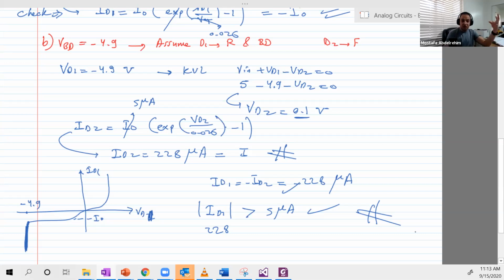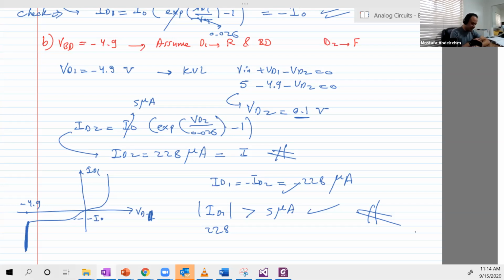Based on common sense, the givens that you have, and intuition, you assume something that you believe is correct, and you prove or disprove it. If you disprove it, then go back, assume another assumption and take the disproof into account. If it's not a breakdown, then what else? It should be a breakdown. You have only two directions, so if one of them is incorrect, the other should be correct.